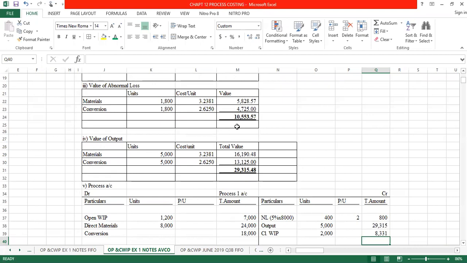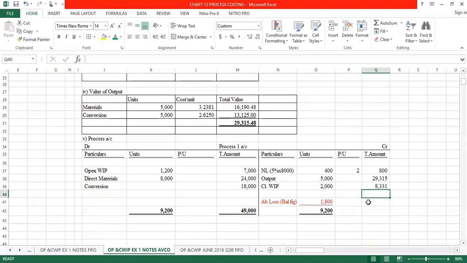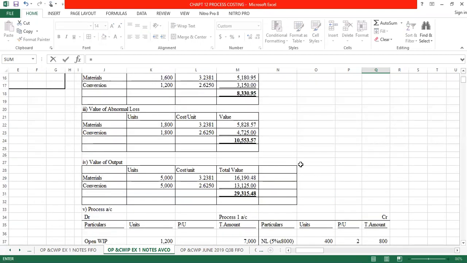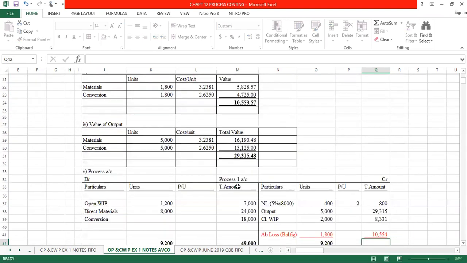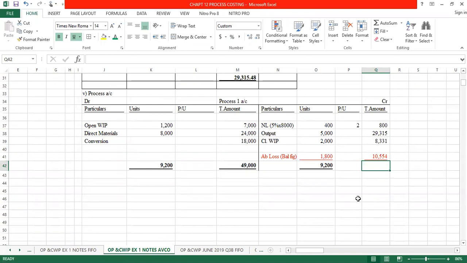Value of abnormal loss, do we have it? Yes, that one. So let's see if it balances: 800 plus 29 plus that plus that. Yes, it has balanced.